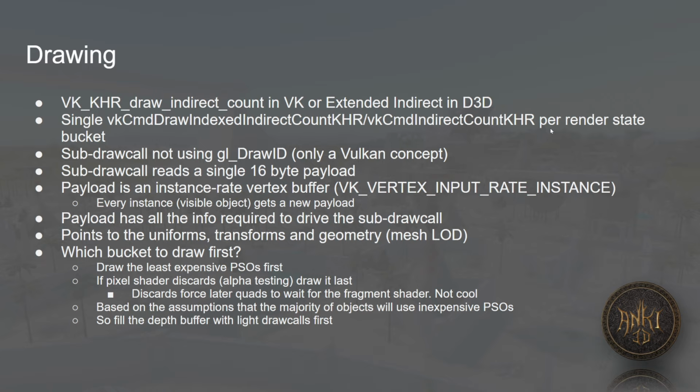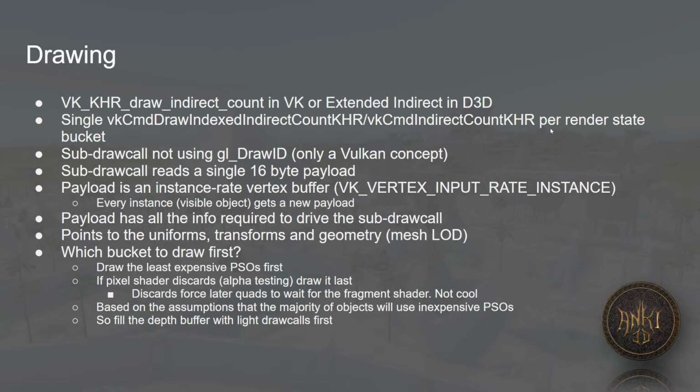Drawing is using the KHR draw indirect count extension in Vulkan, which is called multi-draw indirect in OpenGL. This extension is a subset of DX12's ExecuteIndirect. So there is a single vkCmdDraw indirect count call per render state bucket. We're not using the GL draw ID because that's a Vulkan only concept.